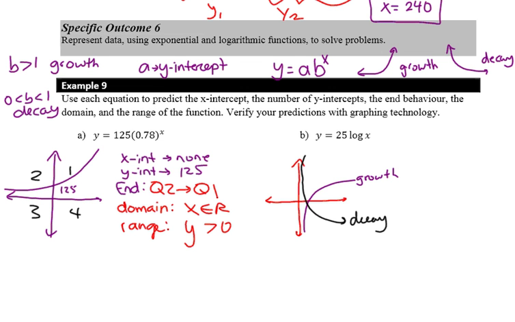If our a value was positive, it was a growth. If a was negative, it was a decay. So for a log function, if a is greater than 0, it's a growth. A is less than 0, decay.